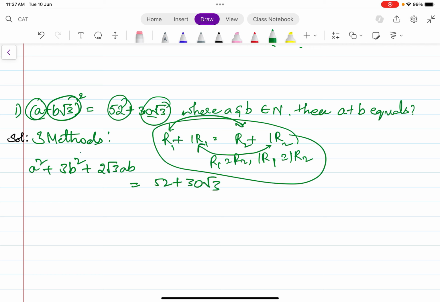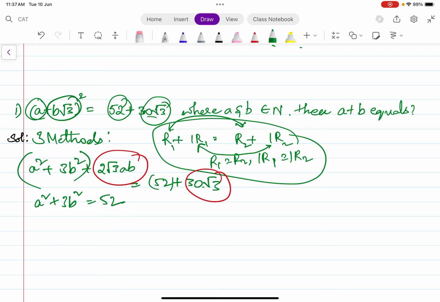Now if you see, this is your rational part and this is your irrational part. What did I say before? You can compare your rationals and irrationals directly. So once you compare, what do you get? You get a square plus 3b square is equal to 52, and the irrational parts are the same, so 2 root 3ab equal to 30 root 3.